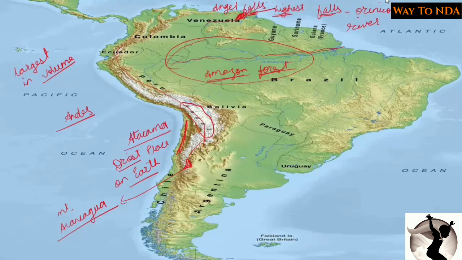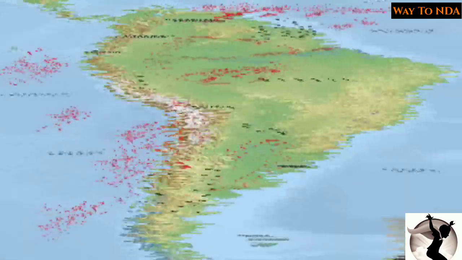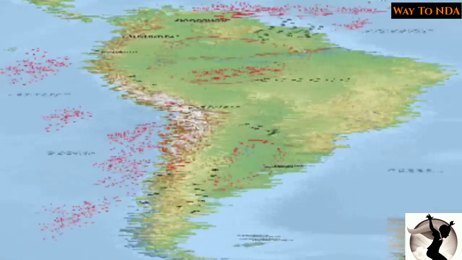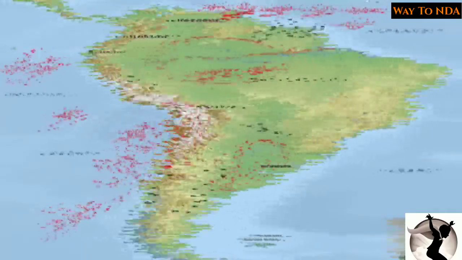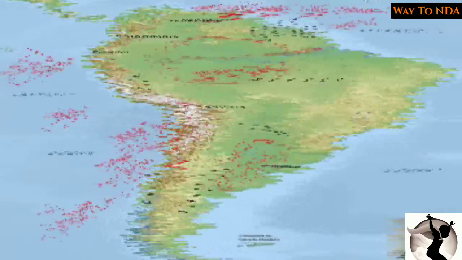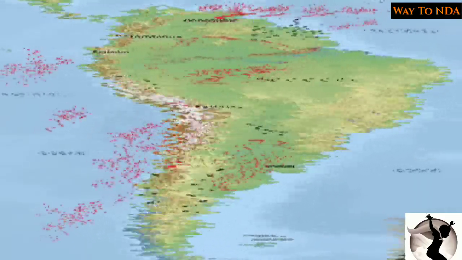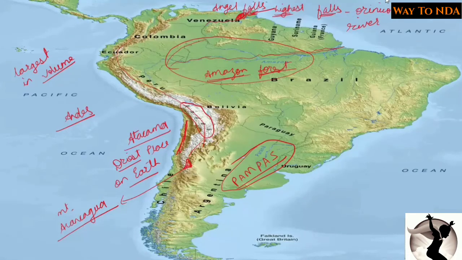Remember this. Then you will find grasslands here in the South American continent, and these grasslands are called pampas. Remember the names of the grasslands and where they are found, because this is very important.